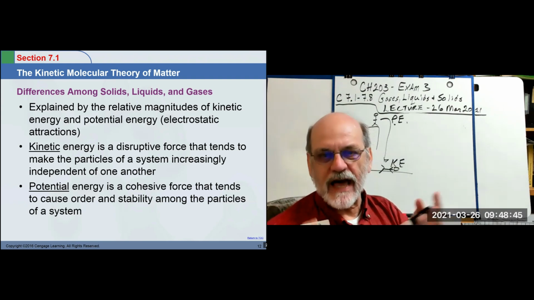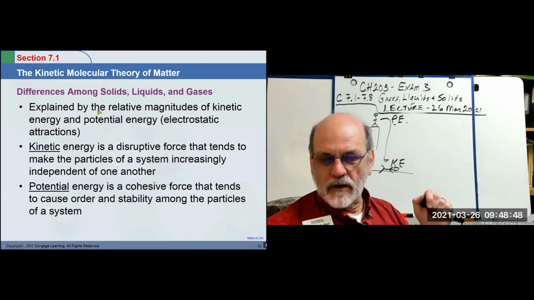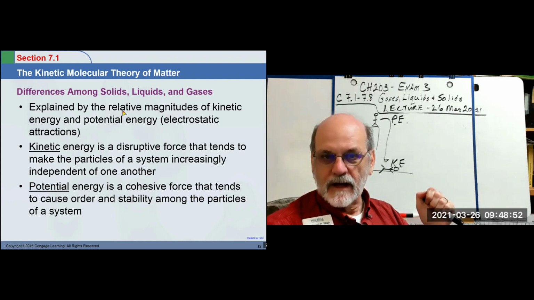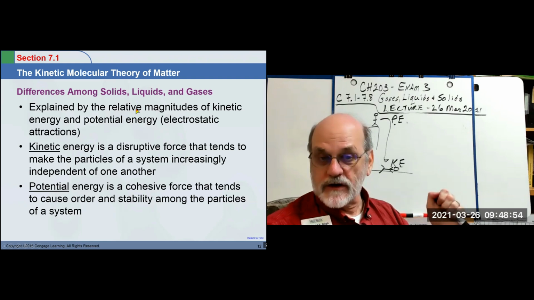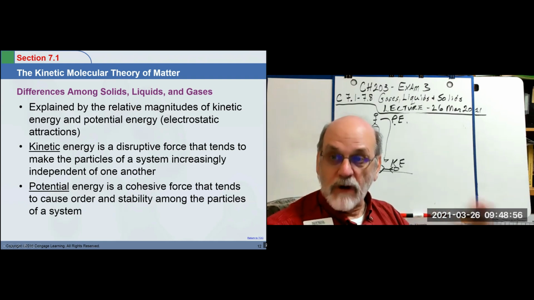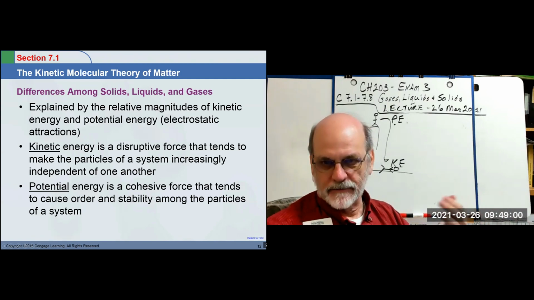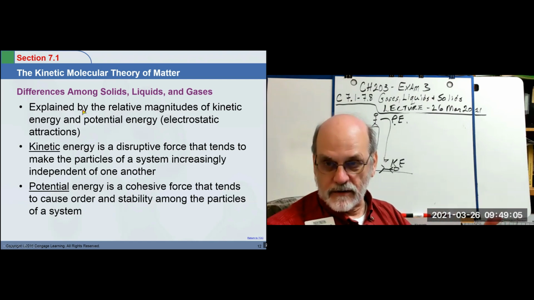Those are all electrostatic. Those are referenced as potential energy. The kinetic energy, of course, is related to motion, which we can measure as temperature. So the average kinetic energy of your substance is registered as temperature.